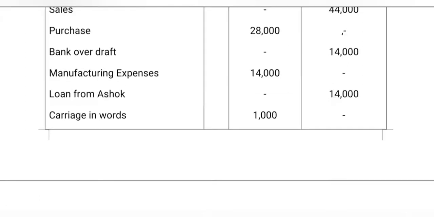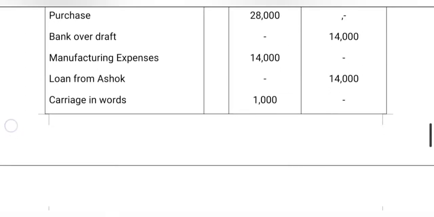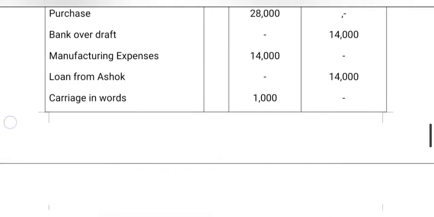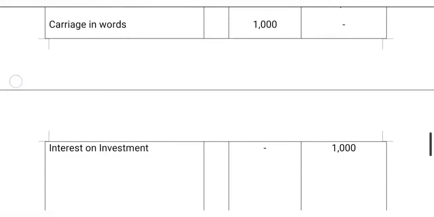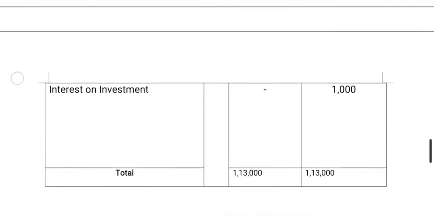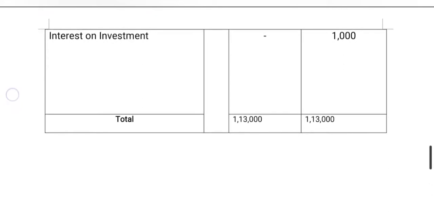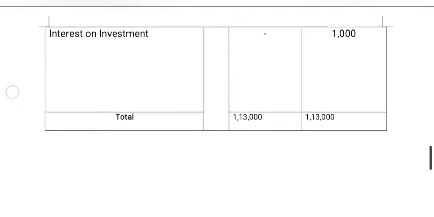Loan from Ashok is a liability. That's the reason we credit it to the trial balance. And carriage inwards is an expenditure. We debit it to the trial balance. Now interest on investment is an income. It is related to the credit side of the trial balance.